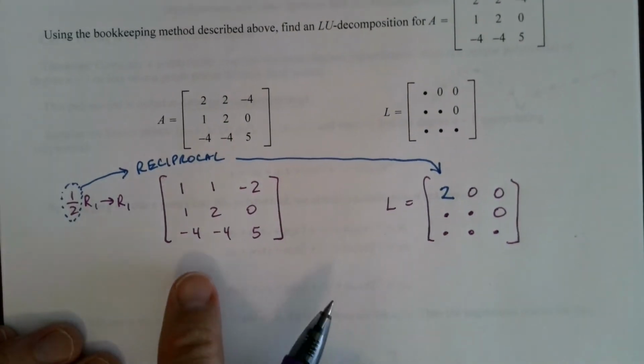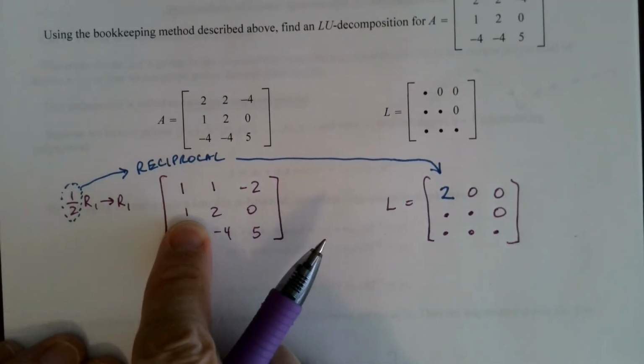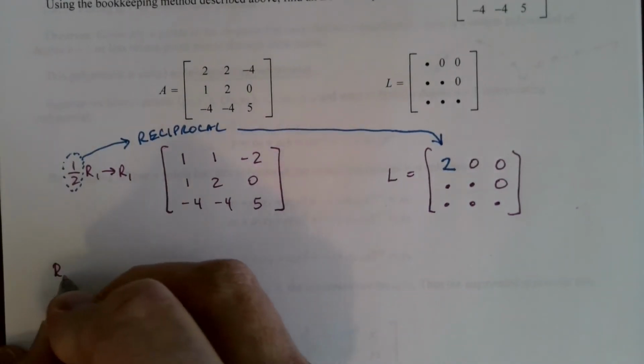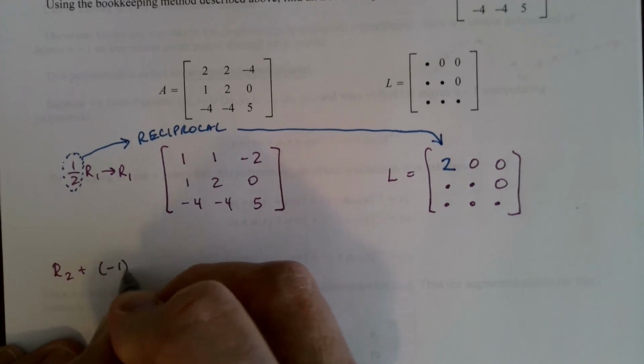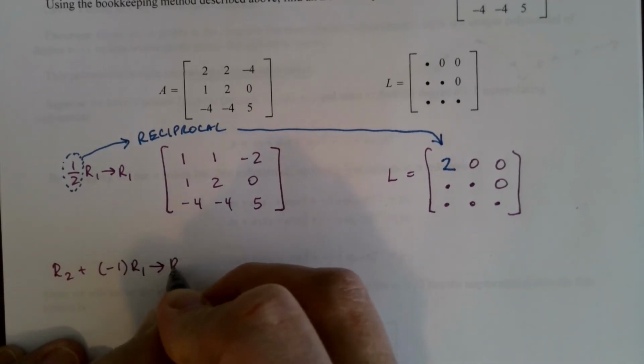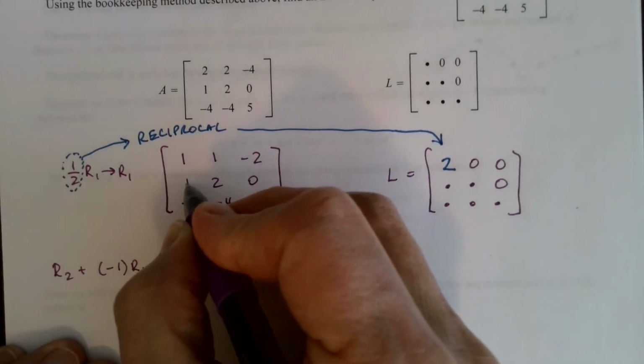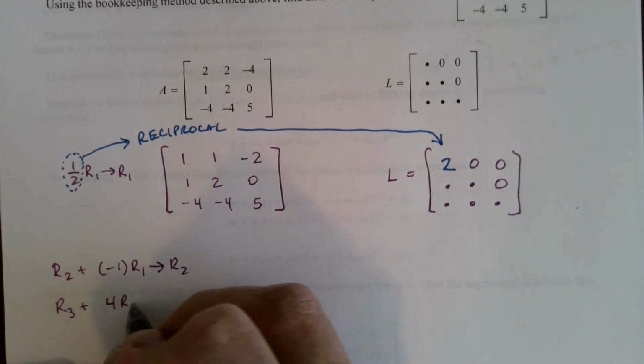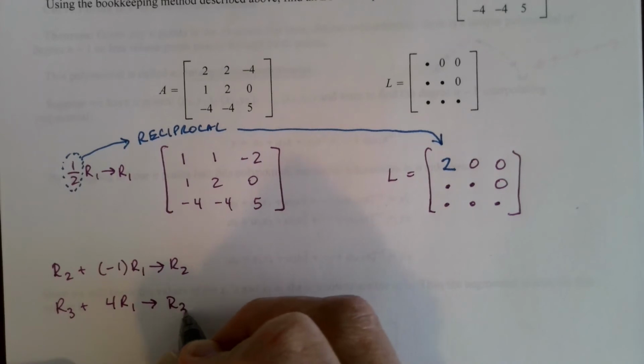Okay. What's next? Once I get the 1, I want to get zeros beneath it. So for the first 0, I'm going to take row 2 and add -1 times row 1 to it, to get that 0 there. And for row 3, I'm going to add 4 times row 1 and replace row 3 with that result.